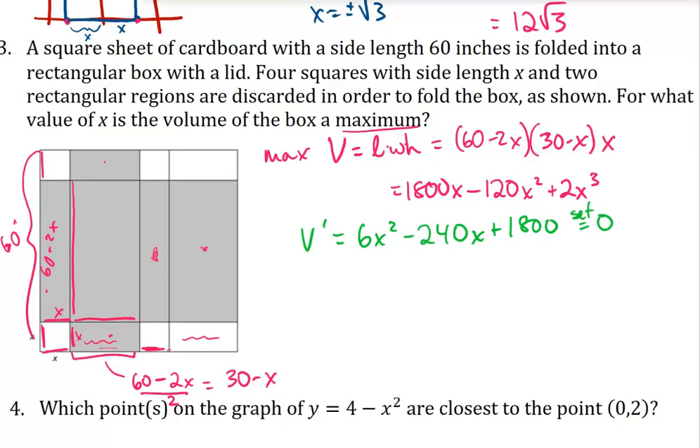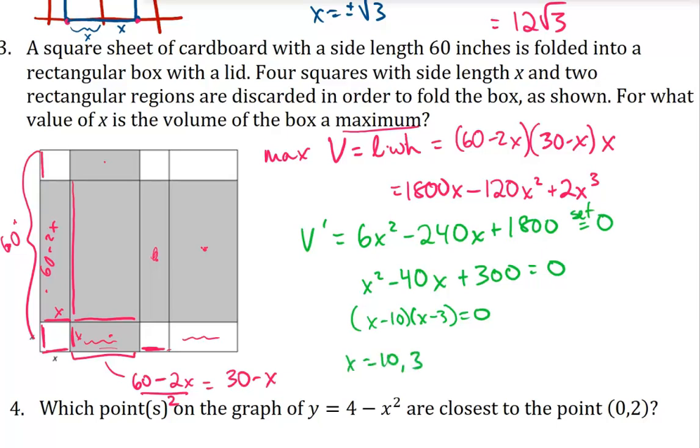I do have a common factor of 6, so let's get rid of that. x squared minus 40x plus 300 equals 0. That factors as (x minus 10)(x minus 30). So x equals 10 and 30.